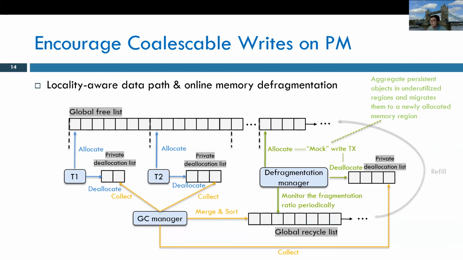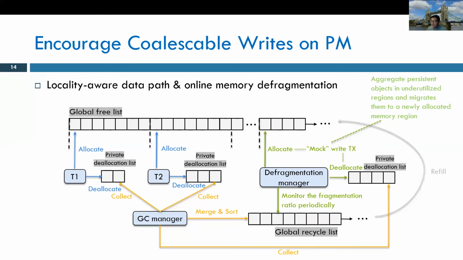The defragmentation manager thread monitors the fragmentation ratio of each memory region in the global recycle list. Once the defragmentation manager finds an underutilized memory region, it will create a mock write transaction to aggregate persistent objects in underutilized regions and migrate them to a newly allocated memory region.